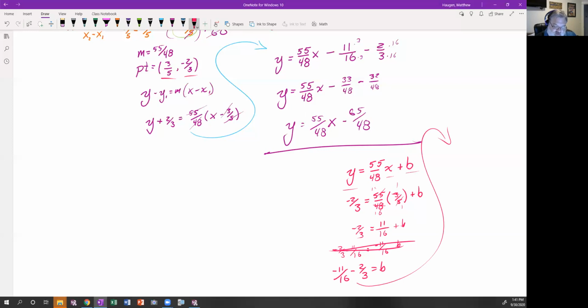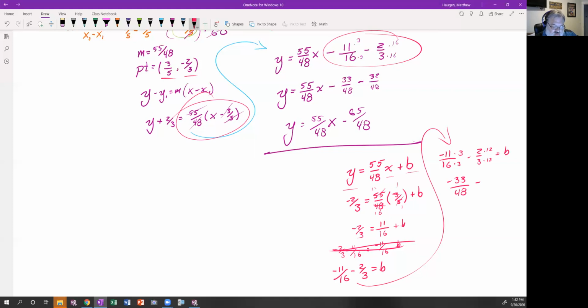We still need common denominators there, so the 11/16 we're still going to have to multiply by 3, and 2/3 still going to have to multiply by 12. And hopefully you're noticing it's the same calculations, right? It's the same sum that we did here. It's the same product that we did there. It's really just a different organizational scheme.